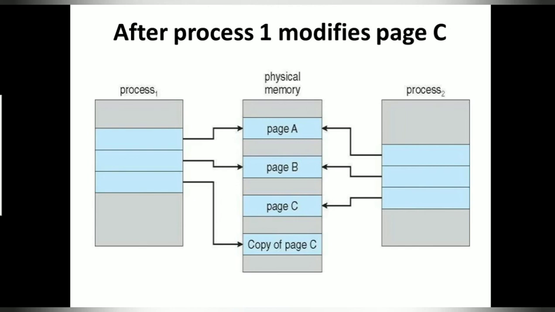Now what is the benefit I have by doing this? If there was no page sharing, I would have to allocate 3 pages for process 1 and 3 pages for process 2, and I would have ended up spending 6 pages on two processes working on the same content. Here I would be saving that.